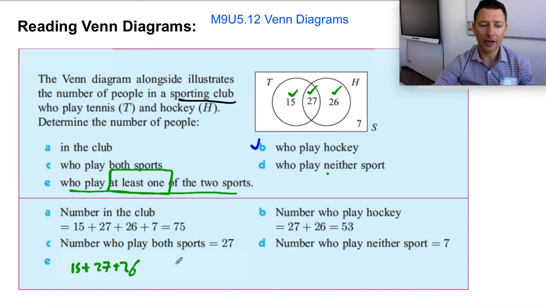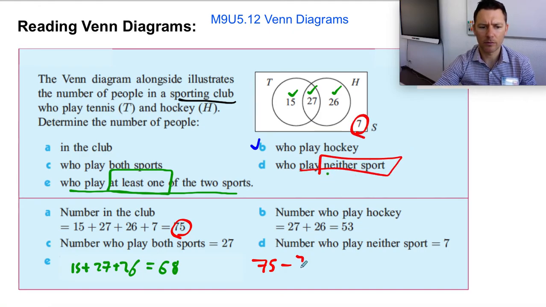I think that's 68. Another way to do it is say the total 75 minus the people that play neither of the sports, the 7. And you're still back to 68. Doesn't matter how you do it.